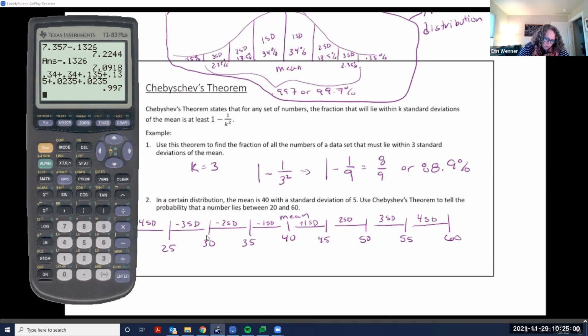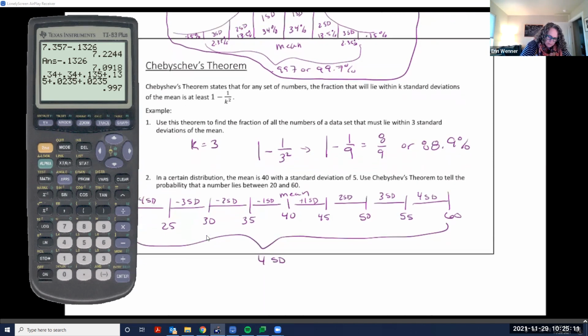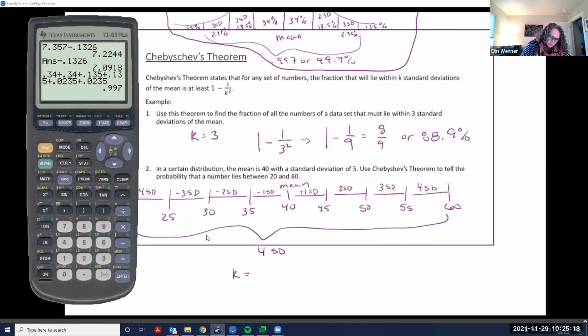So how many standard deviations did we have to go? Well, we had to go 4 standard deviations total, which means K is equal to 4. So we're going to do 1 minus 1 over 4 squared, which is 1 minus 1 over 16, which is equal to 15/16.